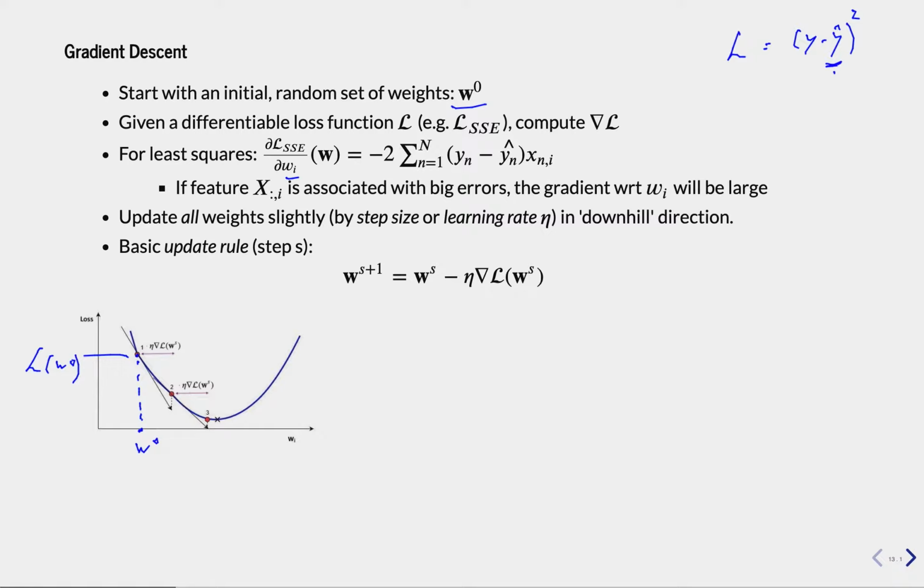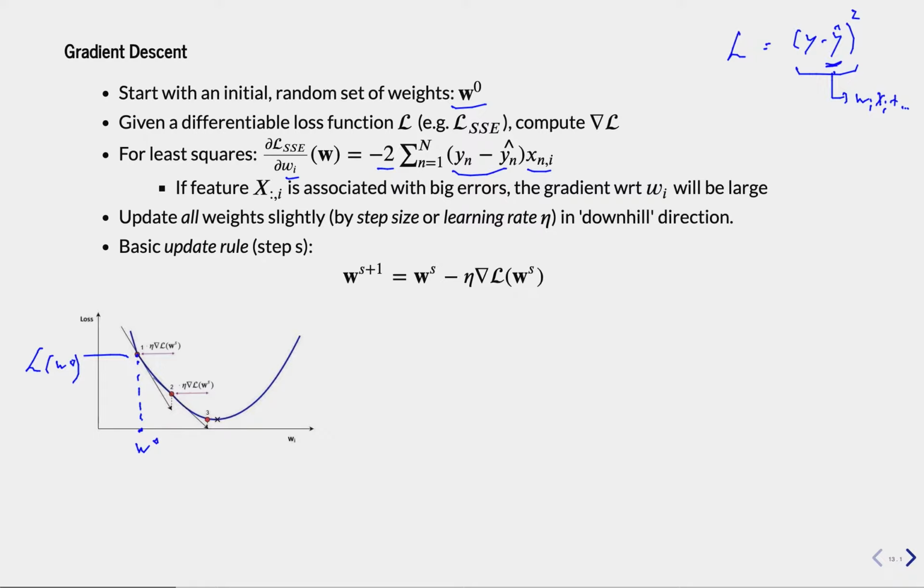So it will be minus 2 times the sum of what remains here. And because wi occurs as part of the sum, occurs with x, we have to add that value x_i at the end here. Right.